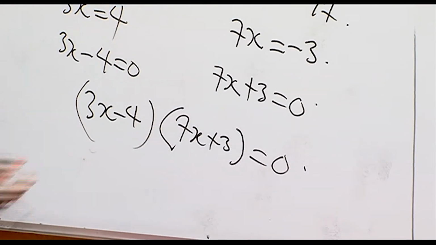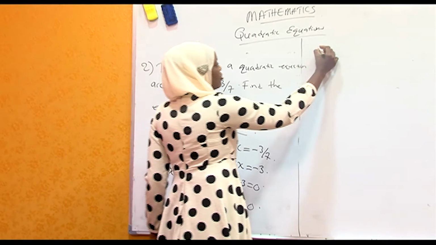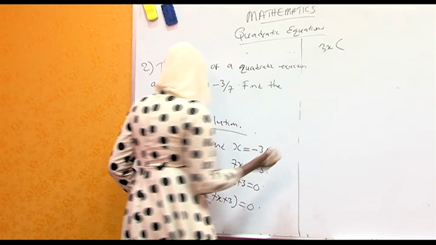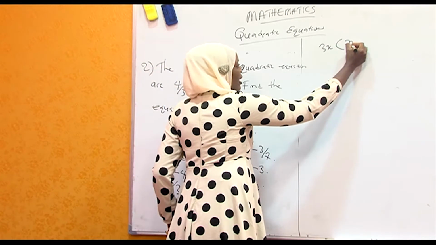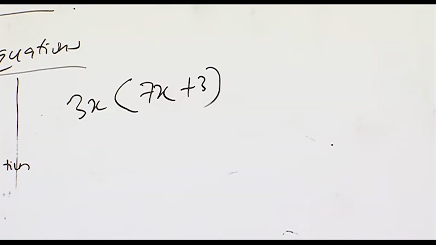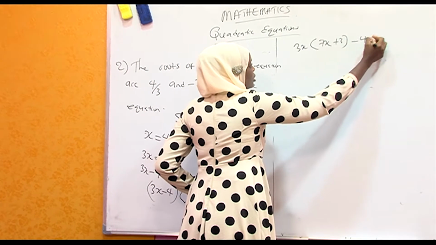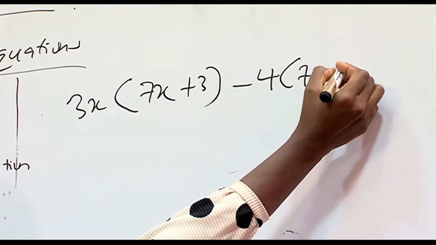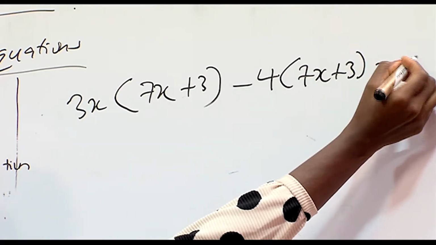So let's open up this bracket. This will give me 3x into bracket 7x plus 3, and minus 4 into bracket 7x plus 3, all equals to 0.